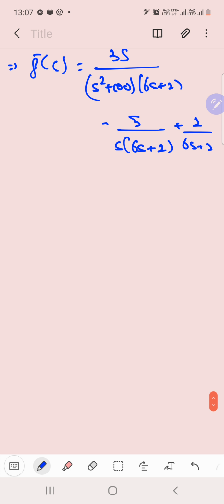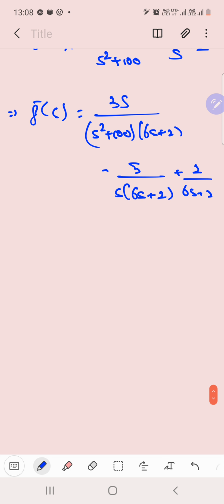Okay, so here we will do one thing. From here we will take this 6 common out. Let us take the 6 common outside from every element.